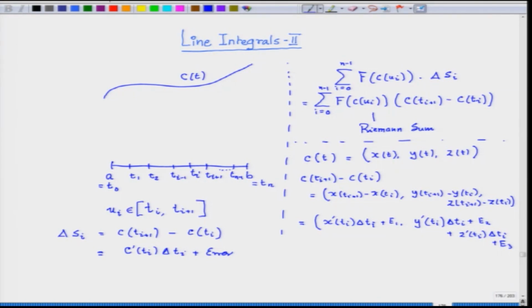So, you will have the vector x dash (ti) delta ti, y dash (ti) delta ti, z dash (ti) delta ti, added with the vector of errors E1, E2, E3.